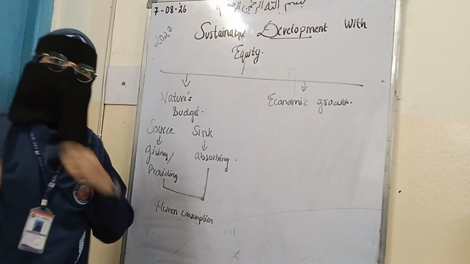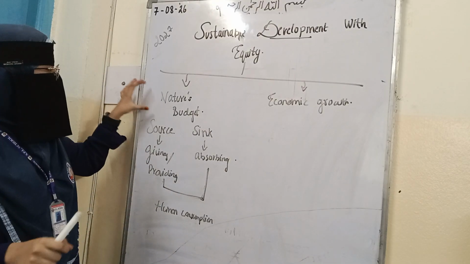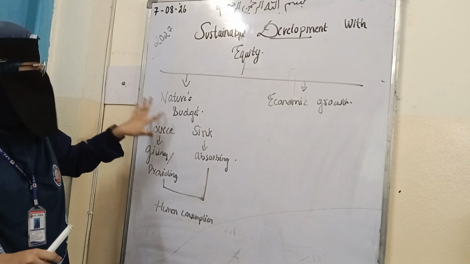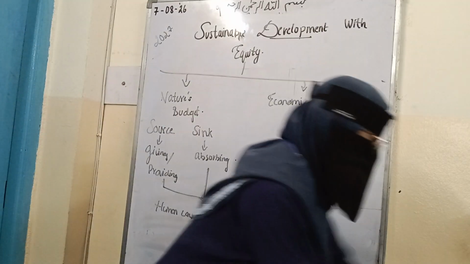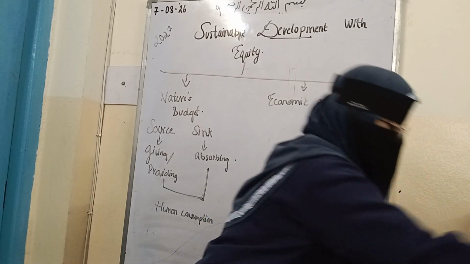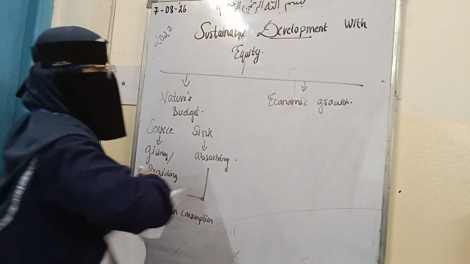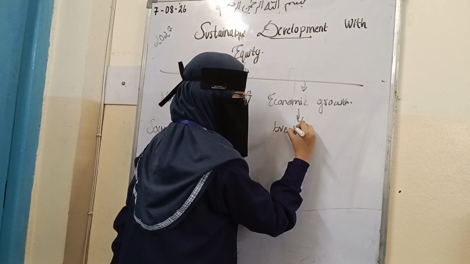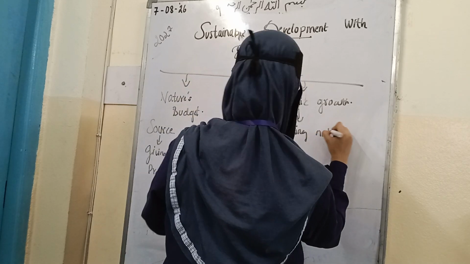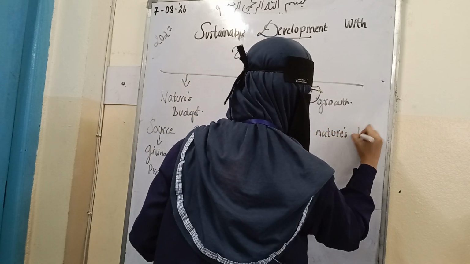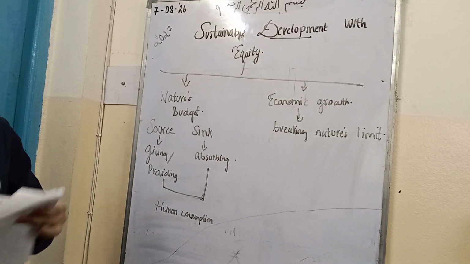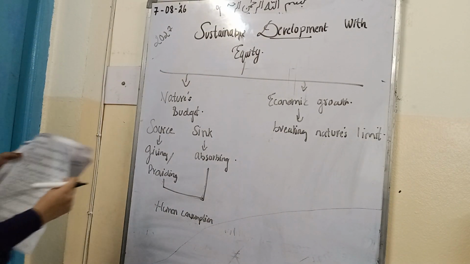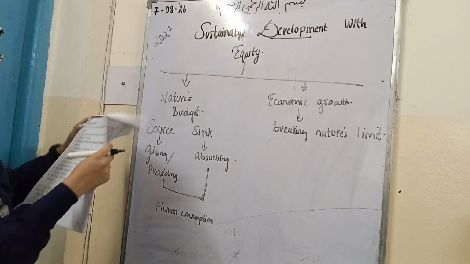Now I have studied annual budget; let's see what we mean by budget in nature. According to nature, economic growth is actively breaking nature's limit. This sentence we will understand after discussing this. So now let's discuss what nature's budget is when we say source and sink.